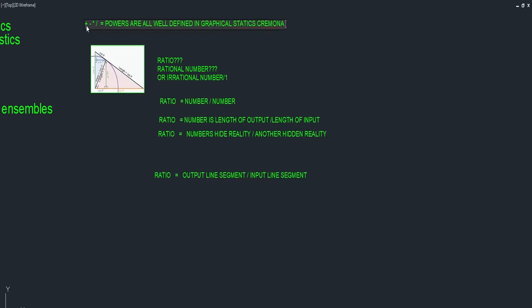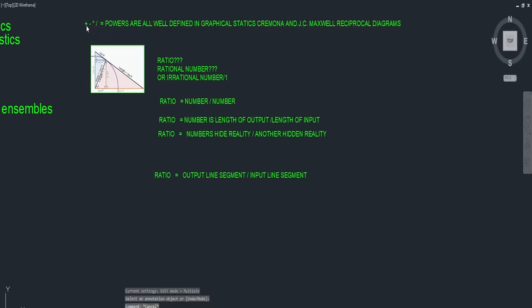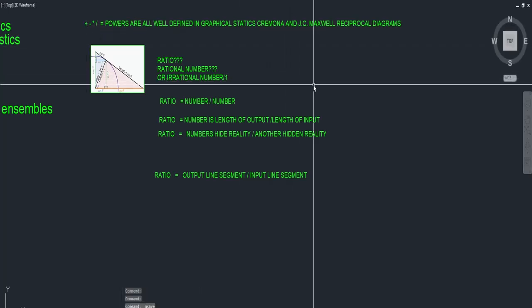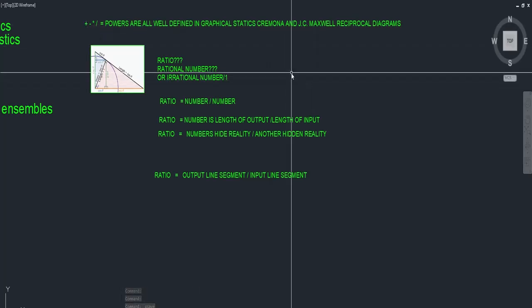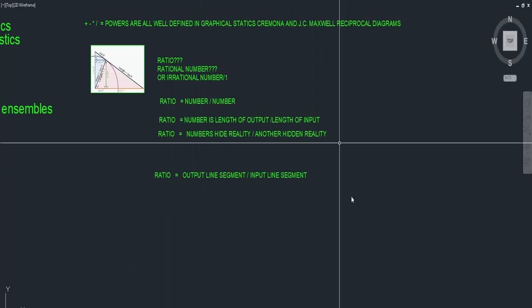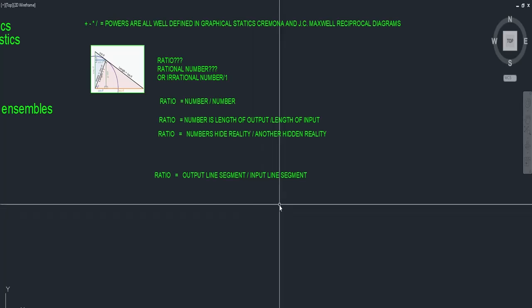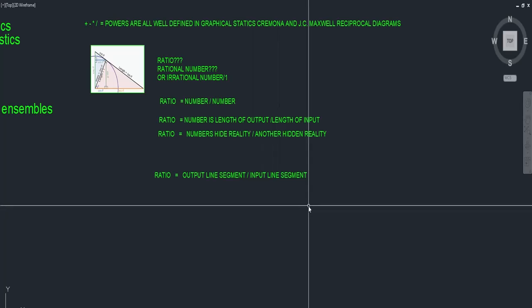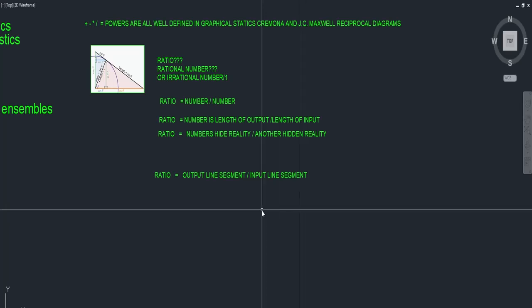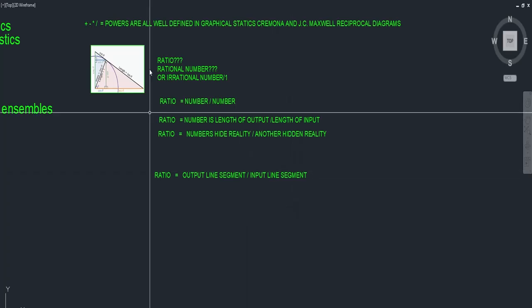Cremona and James Clerk Maxwell's reciprocal diagrams. Even the matrix method of the Cayley-Hamilton theorem, at the time of 1870 to 1880, was discussed regarding these ratios as the output line segment divided by the input line segment, and the concept of vector was generated on the basis of this. Gibbs designed the concept of vector from 1870 to 1920.